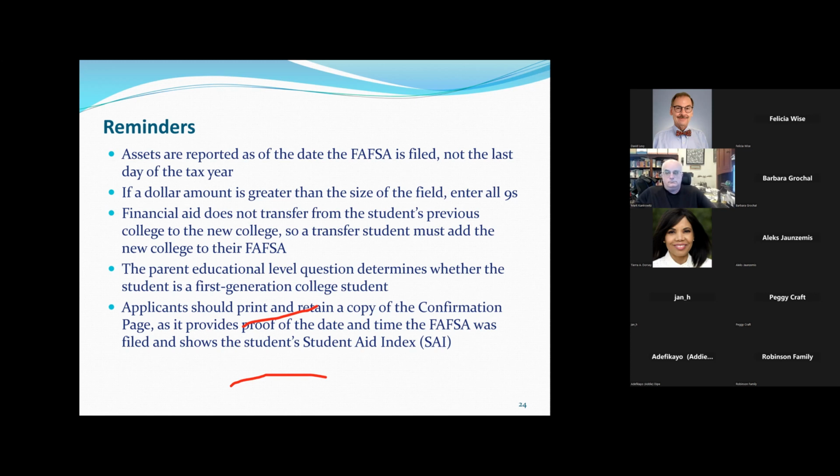The penalties can be increased because you also violated mail and wire fraud statutes. Don't assume that you'll be able to get away with lying on the FAFSA. Financial aid administrators have more experience detecting inaccurate information than families have in lying on the FAFSA. You will get caught, and it will ruin your student's life. Next slide, please.